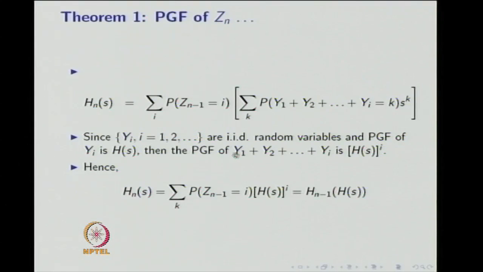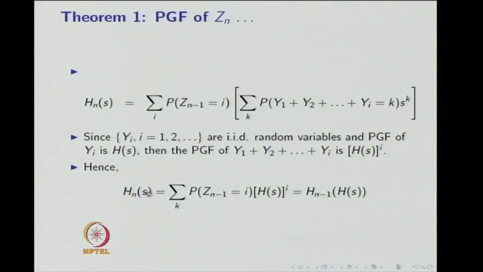Therefore, the probability generating function of y1 plus y2 and so on plus yi is h of s whole power i. Therefore, substitute this, which is nothing but the probability generating function of y1 plus y2 plus and so on plus yi.